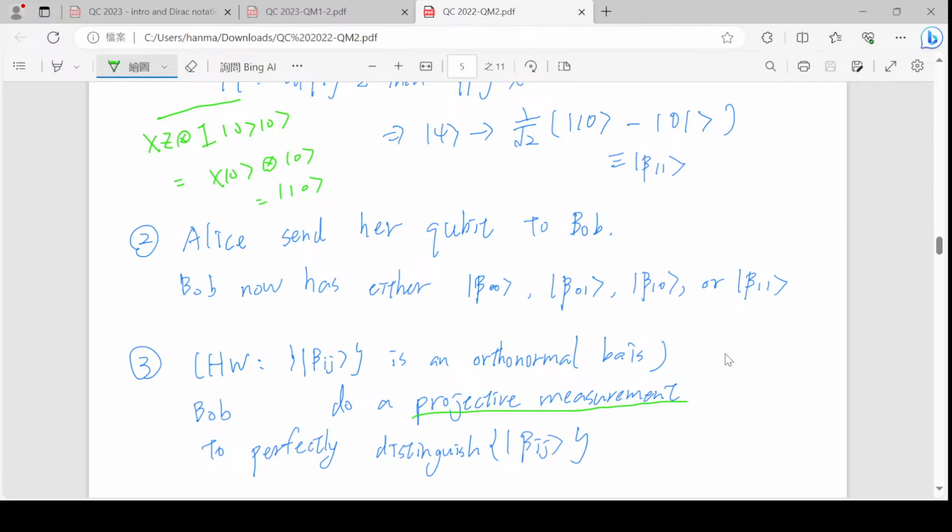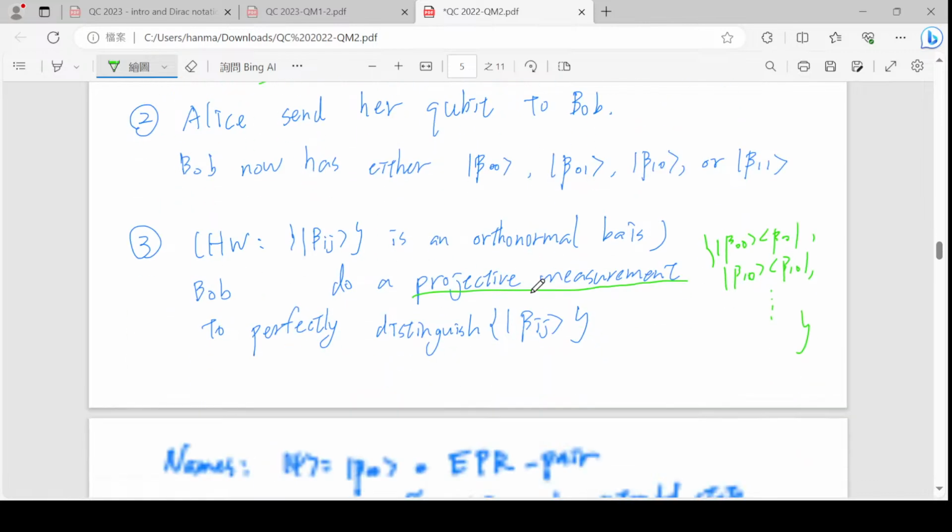So Bob will do, say, the projective measurement: the projection onto beta 0,0, and projection onto beta 1,0, dot dot dot. It's a 4-dimensional space, and you have 4 orthonormal vectors here, so it spans the whole space.